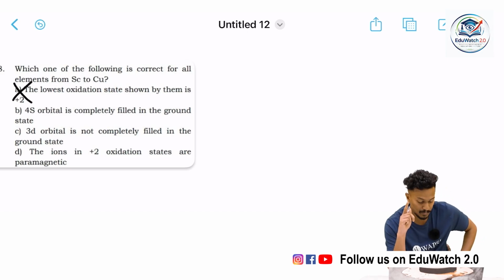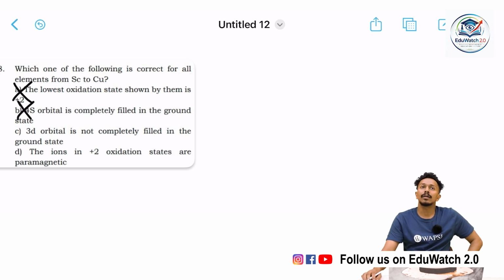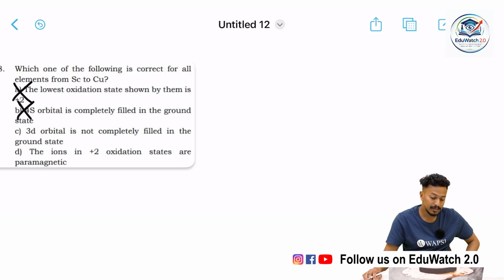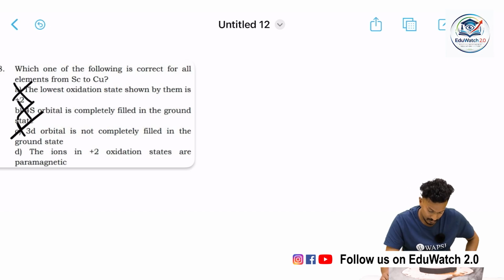The 4s orbital is completely filled in the ground state. This is also wrong, since both copper and chromium have a half-filled 4s state. The 3d orbitals are not completely filled in the ground state. That is also wrong, as there are completely filled states in scandium to copper.